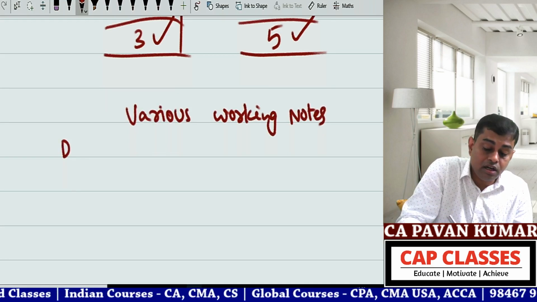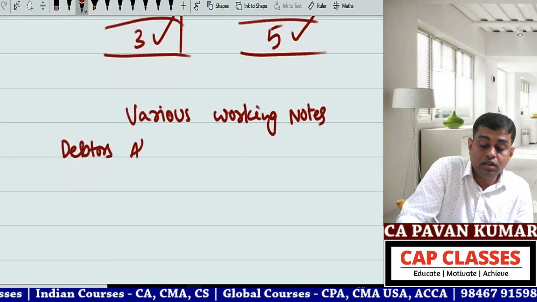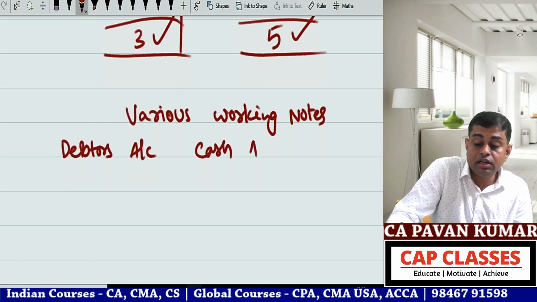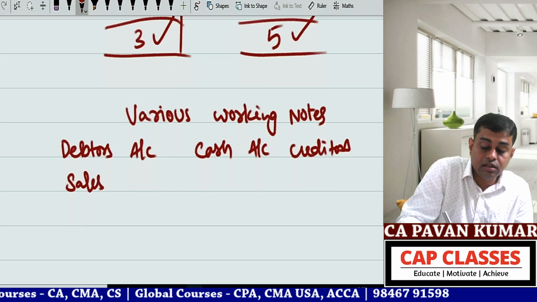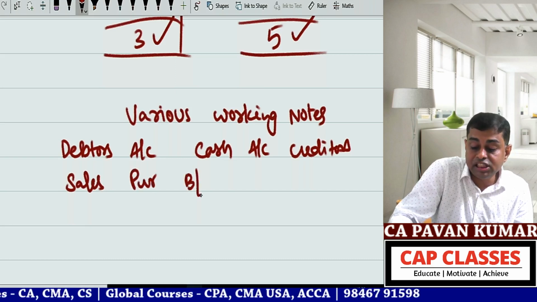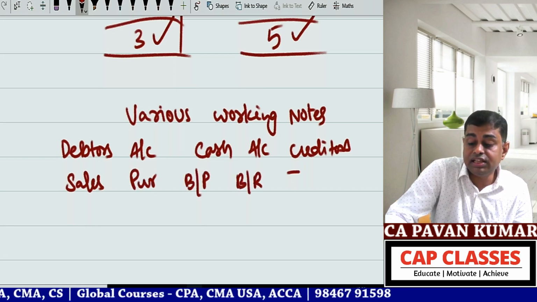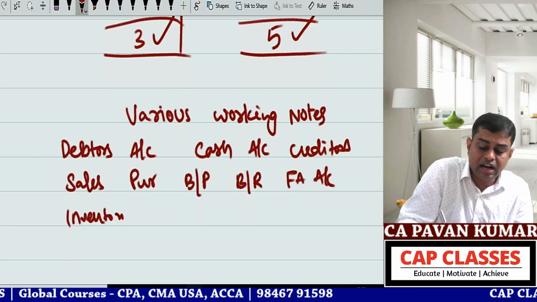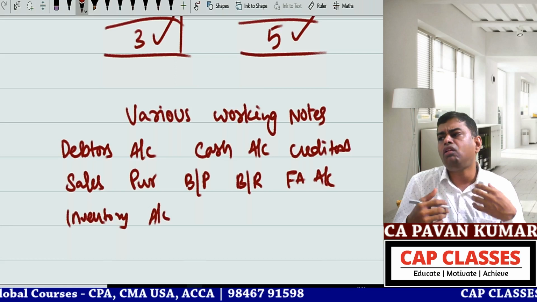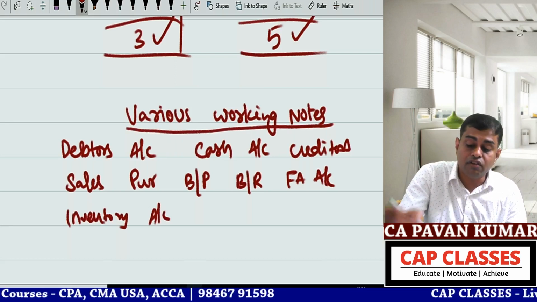For example, debtors account, cash account, creditors account, sales, purchases, bills payable, bills receivable, fixed asset account, inventory account, etc. All these ledger accounts you need to prepare. All these are your working notes.